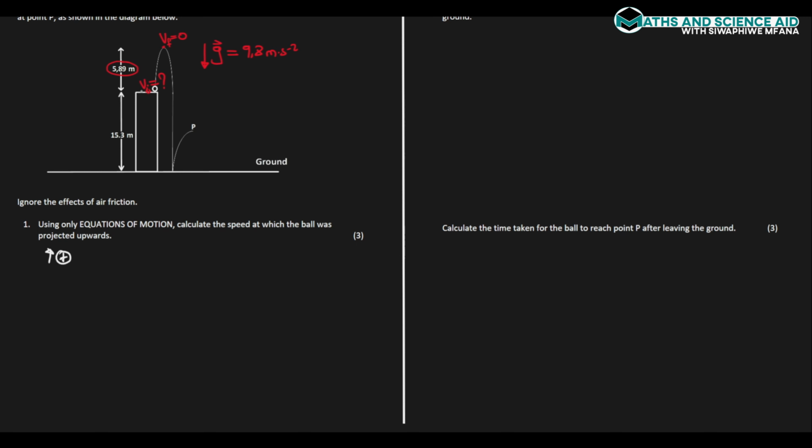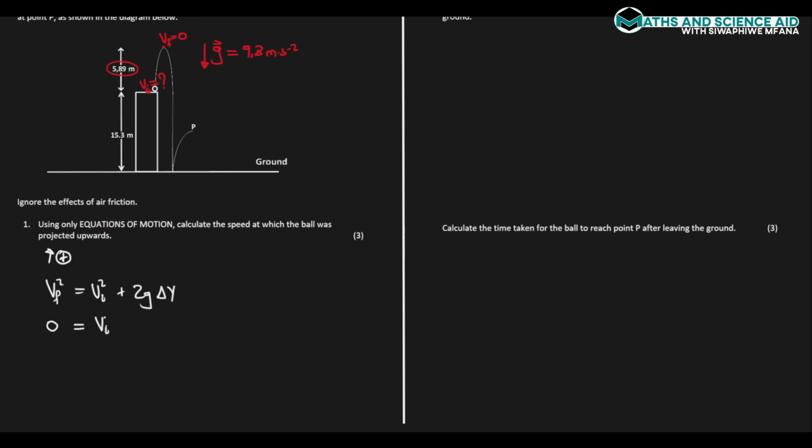If you examine the information that we have and compare to the equations of motion, you will find that using this equation, Vf squared is equal to Vi squared plus 2g delta y, we can work out this initial velocity. As discussed, we do know that the final velocity is equal to 0 at the maximum height.